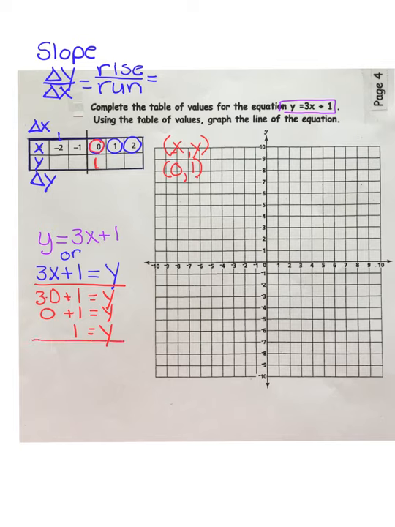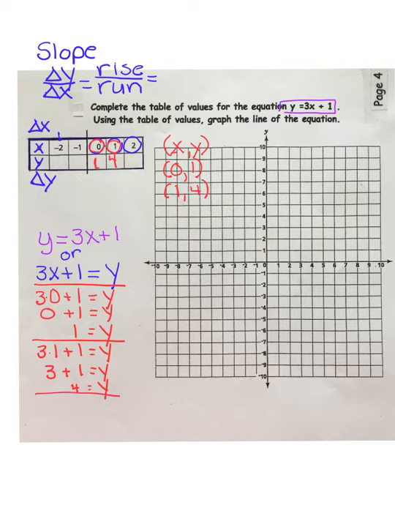Let's do another one. Let's substitute an x of 1. 3 times 1 plus 1. 3 times 1 is 3, but remember we have to add 1 to it. So in this case, our y coordinate is 4. So our next ordered pair is 1, 4.